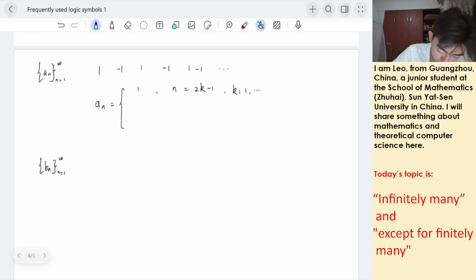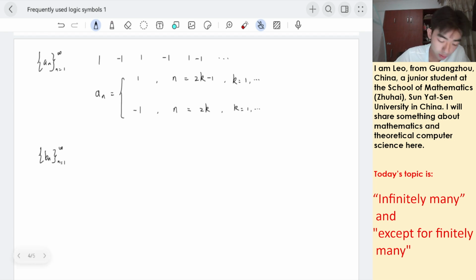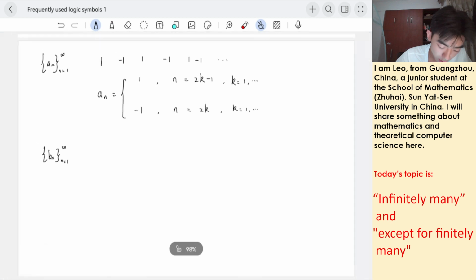And an equals minus 1 when n equals 2k, k from 1 to infinity. That's the sequence of an.